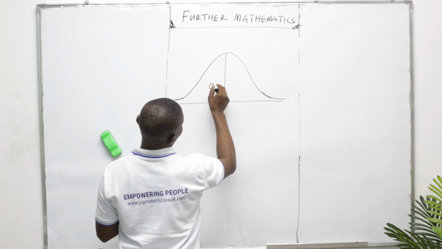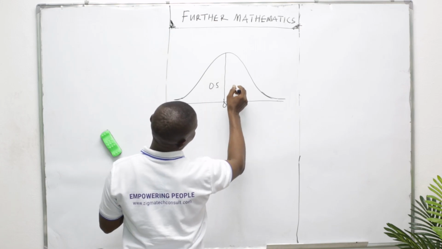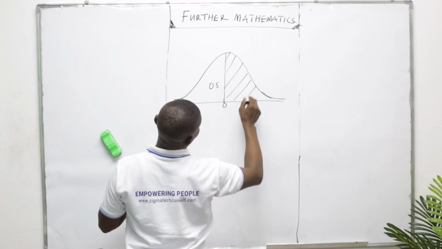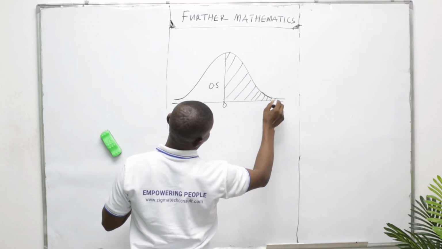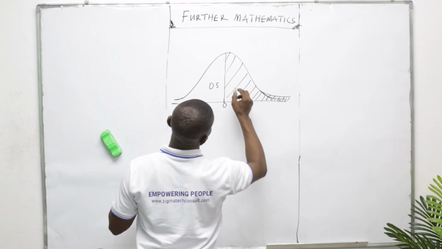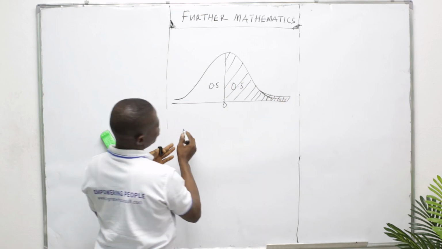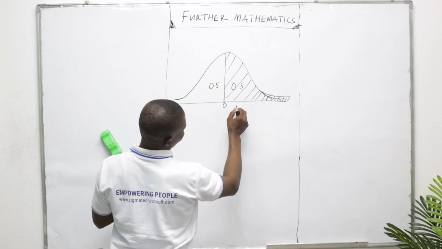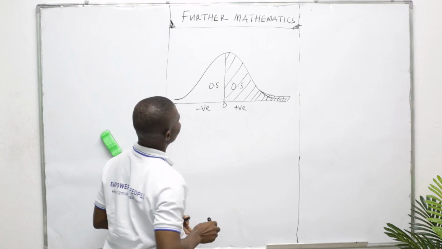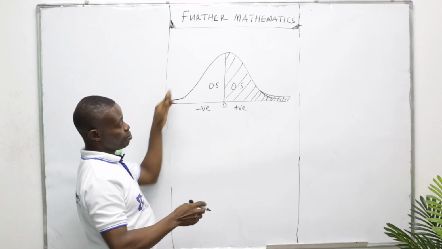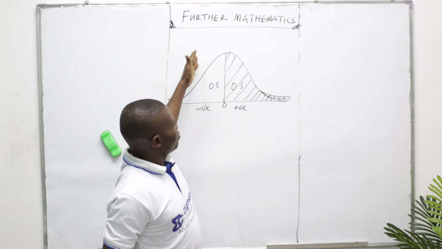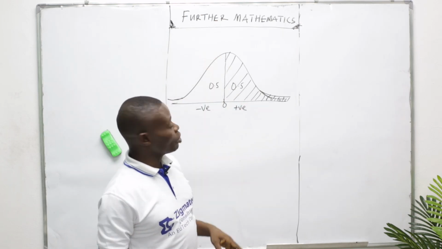This part is half, that's 0.5. Here is also 0.5. This is the positive side, this is the negative part. So it has a bell shape. That's one basic thing you need to know about the normal distribution.